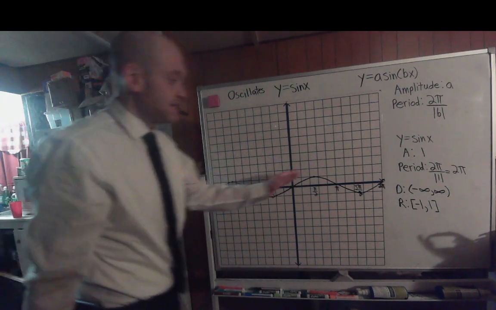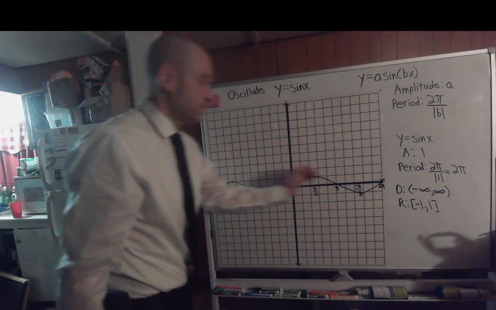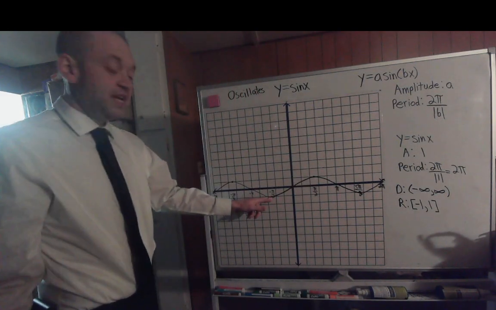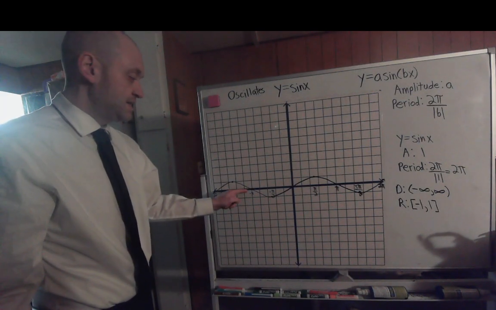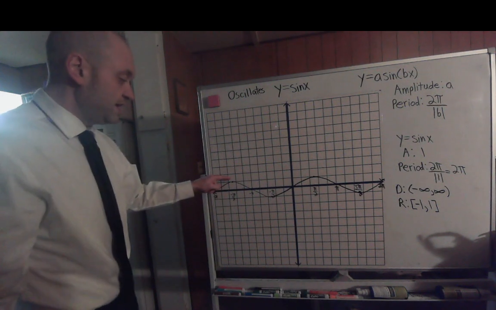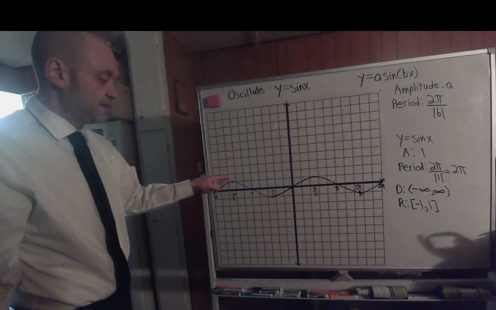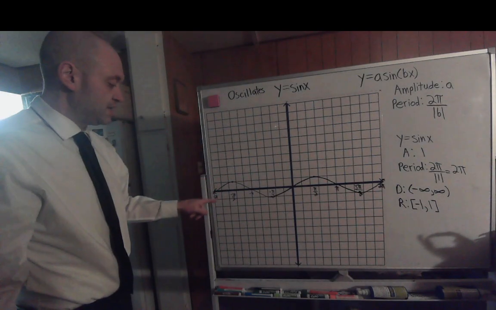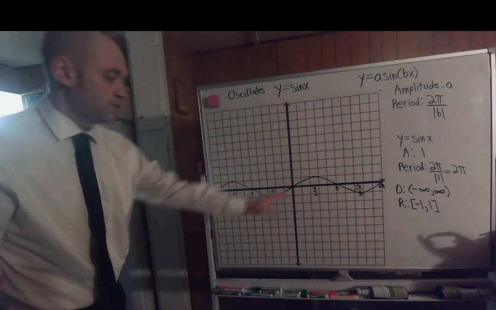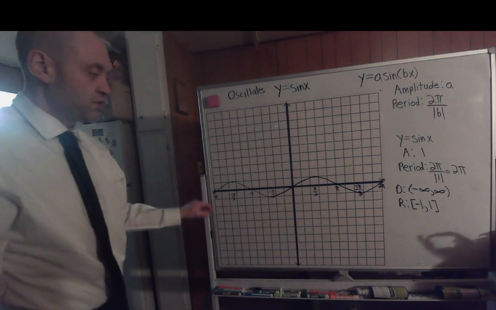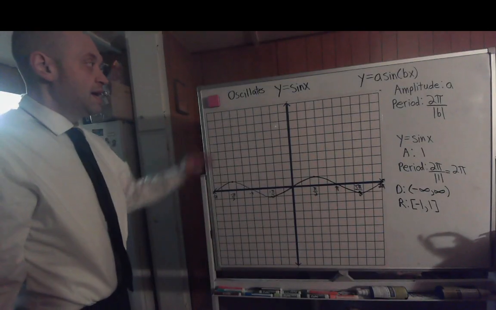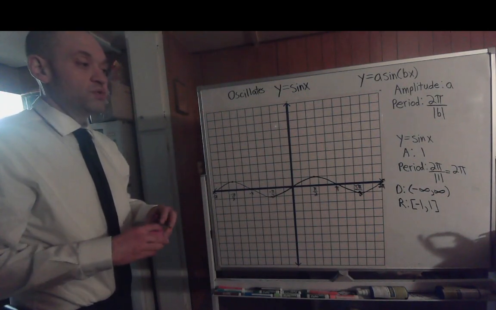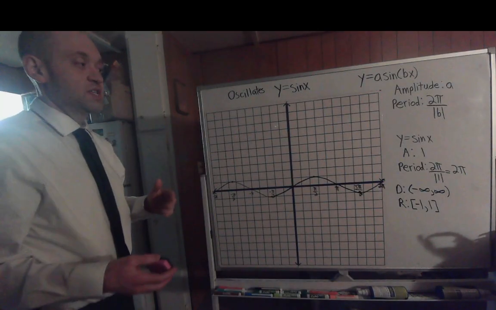So you get a nice little curve going to the right, and then sine of -pi over 2 is -1, sine of -pi is 0, sine of -3 pi over 2 is +1, and the sine of -2 pi is 0. So you get a nice curve going to the left. It just oscillates. And we're also going to do the graph of the cosine function today.